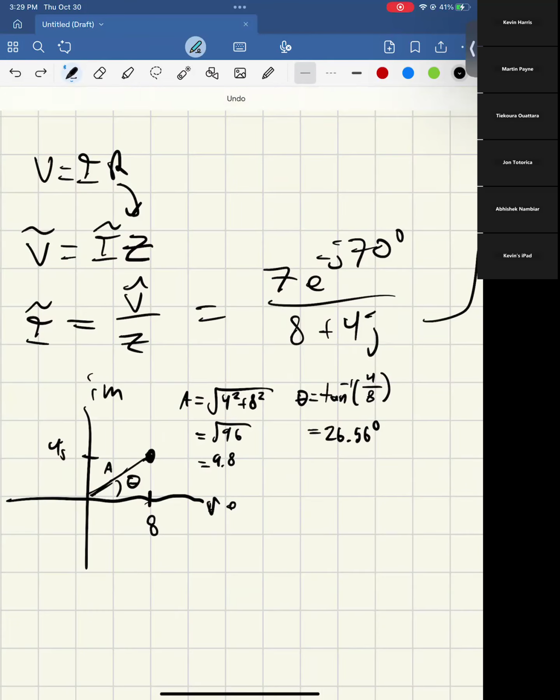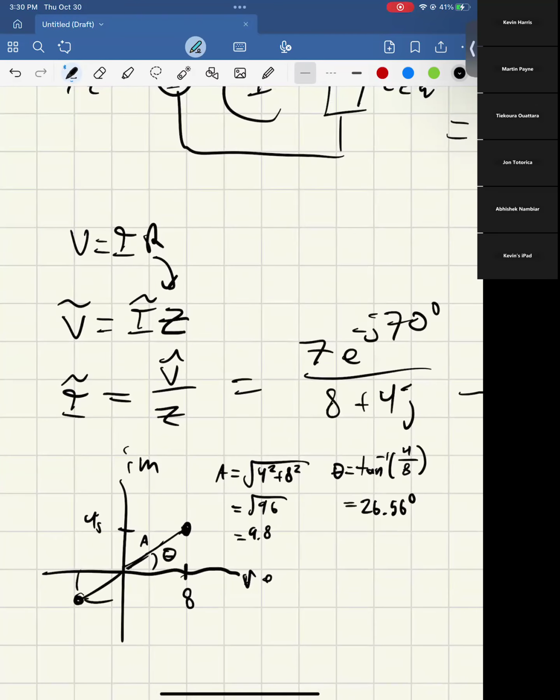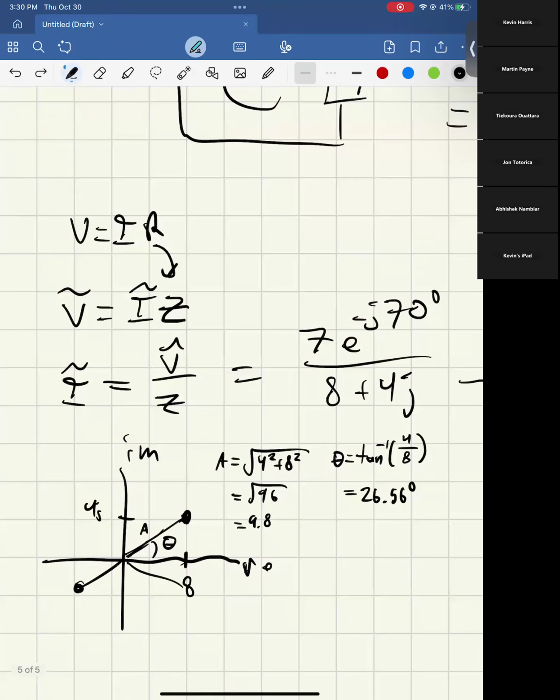One thing I'll point out here is let's say we got -8 minus 4j. When you do this in your calculator, you'll still get a positive number. So if you end up with a point where both of these are negative, make sure you're thinking about whether it's supposed to be this or that plus 180. The inverse tangent function on your calculator is always going to output something between positive and negative 90, or positive and negative pi over 2.